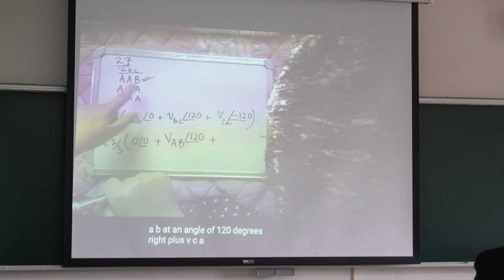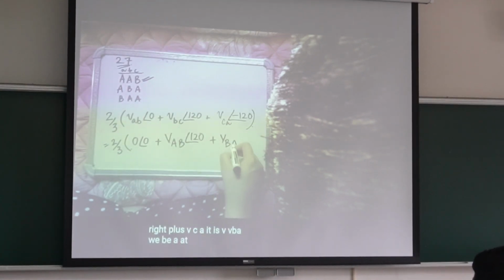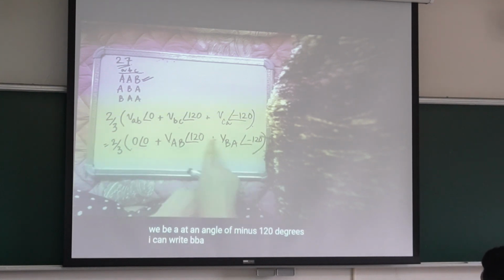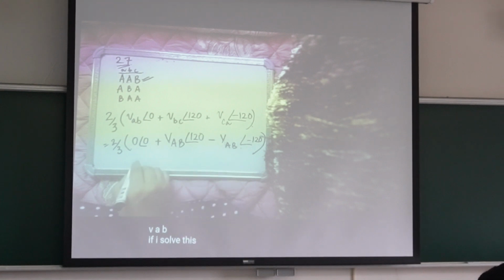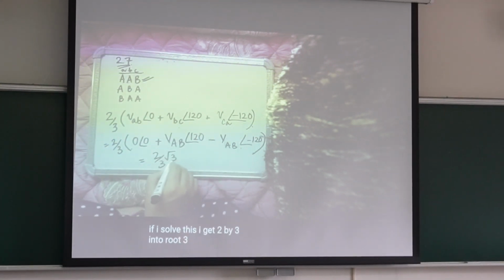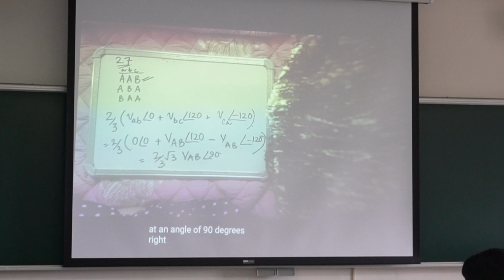Plus VCA, it is VBA, so VBA at an angle of minus 120 degrees. I can write VBA as minus VAB. If I solve this, I get 2 by 3 into root 3 VAB at an angle of 90 degrees, right?